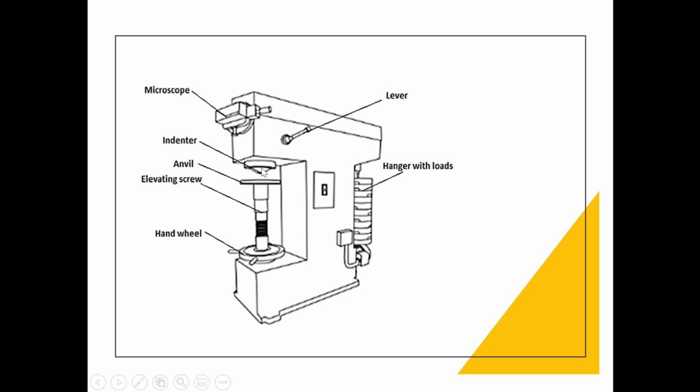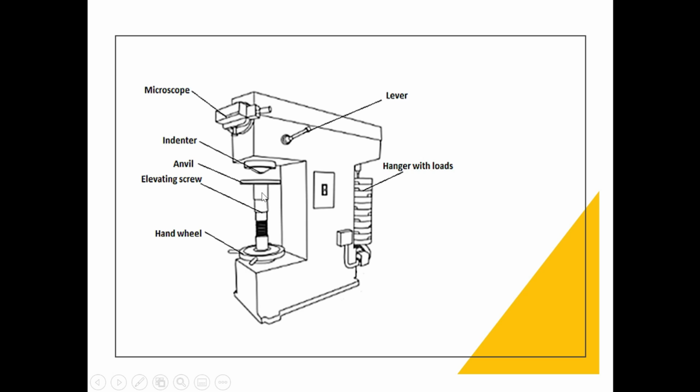So this is the figure of the Brinell hardness tester. Basically this is the frame, this is the lever which is used to engage the load, this is a microscope, this is the indenter. A ball indenter is used, mostly of 10 mm. This is the anvil, this is the elevating screw, this is the hand wheel.